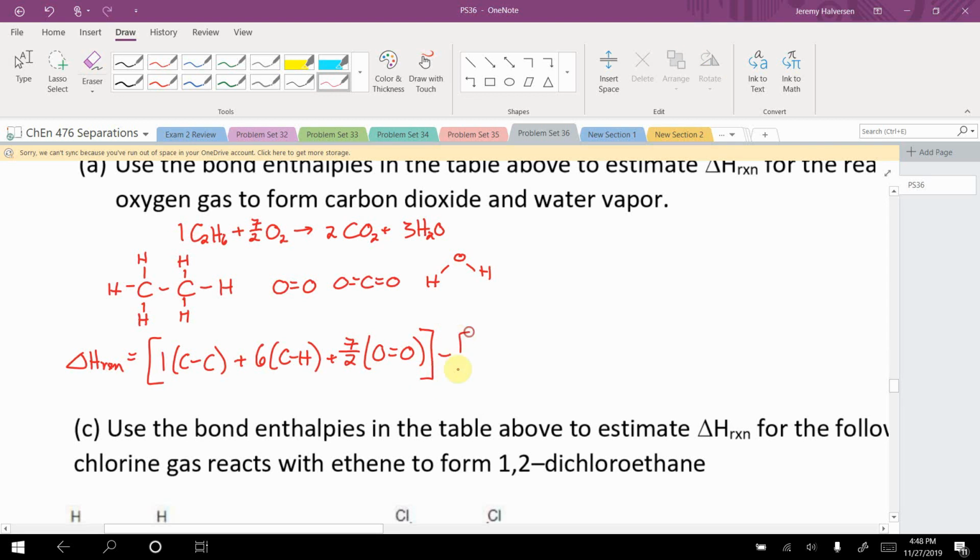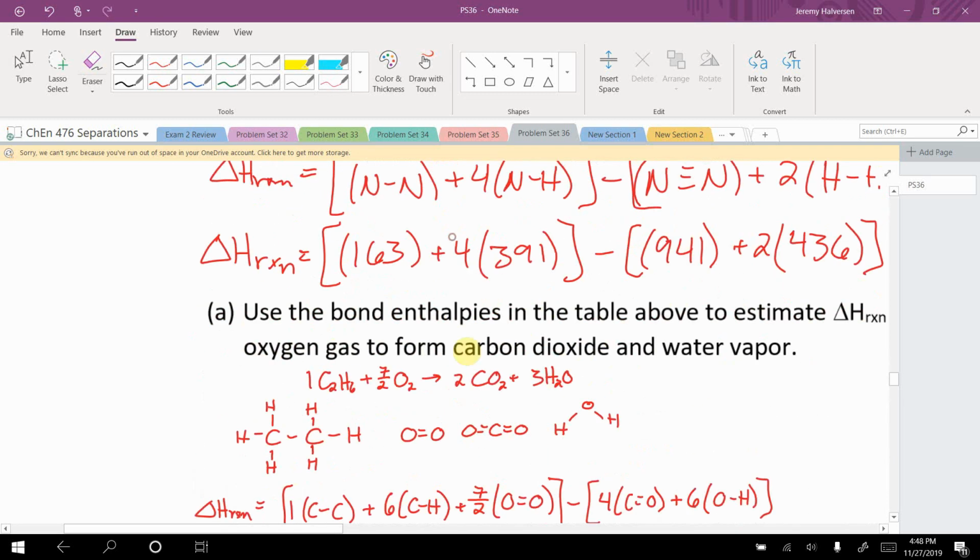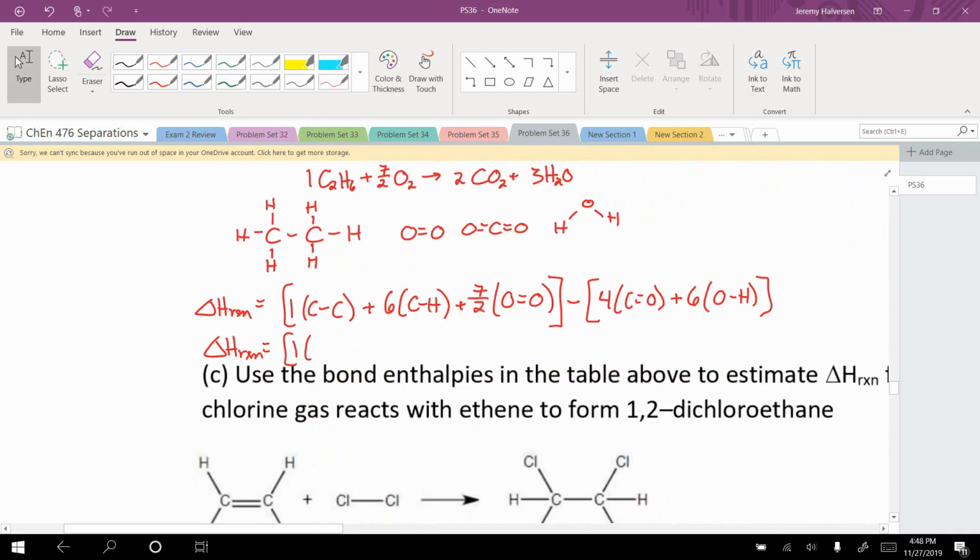And what am I forming? Well, I'm forming 4 CO double bonds, and I'm forming 6 OH bonds. So I've got the values here.